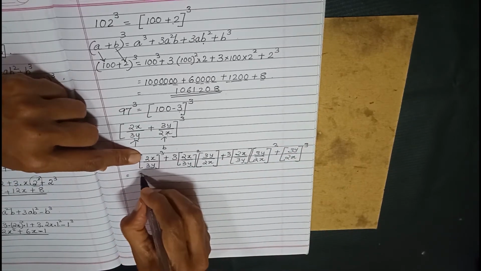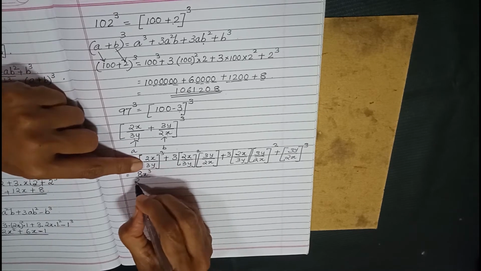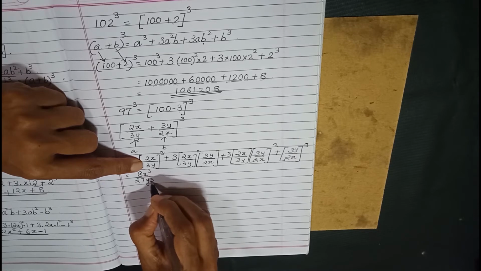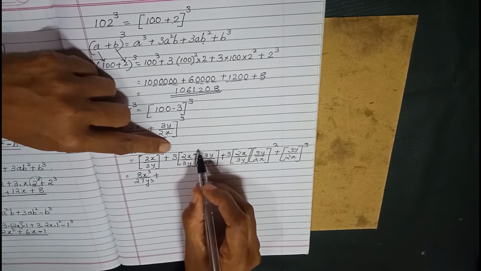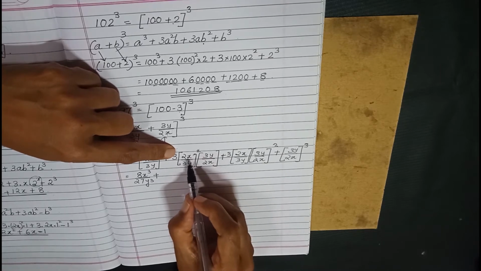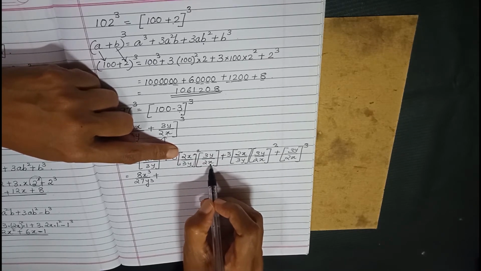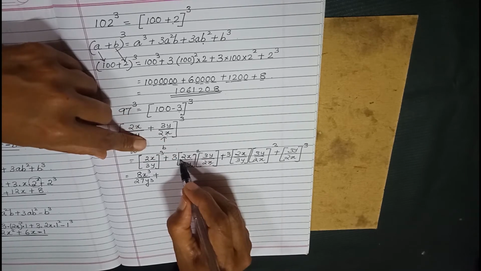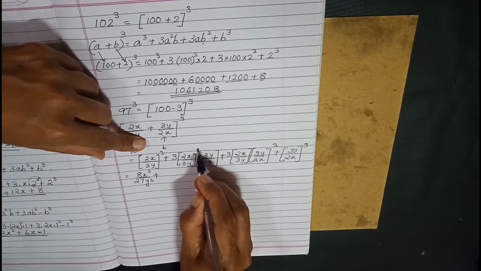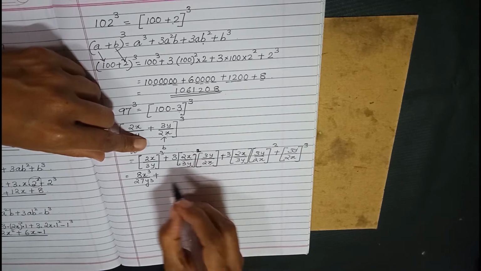Let's open the bracket now. So 2 cube is 8. x cube is x cube. 3 cube is 27, y raised to 3. Now this is a square. So rather than making a square, what I will do is write this twice. Why do I do that? Because you can see one 2x is in the denominator and I can cancel it. Don't do this cancelling before, because there is a square sign here. So first we should solve this bracket and then only you can cancel.